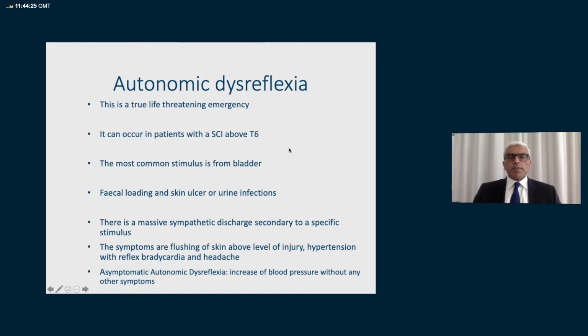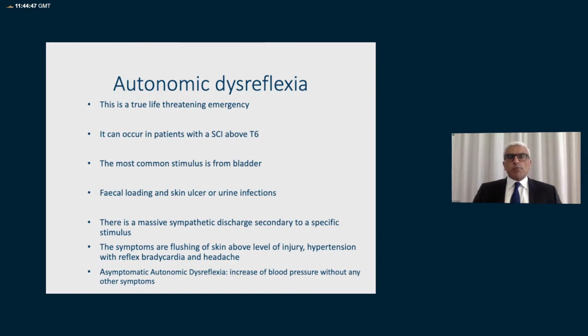It generally occurs in patients who have got a spinal cord injury above the level of T6. 90% of the time, the common stimulus is from the bladder, or fecal loading, and skin ulcers or urinary infection can also lead to autonomic dysreflexia. And what is that? It's a massive sympathetic discharge secondary to a specific stimulus.